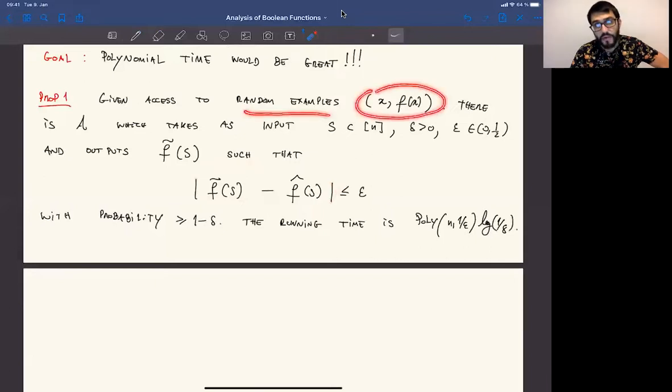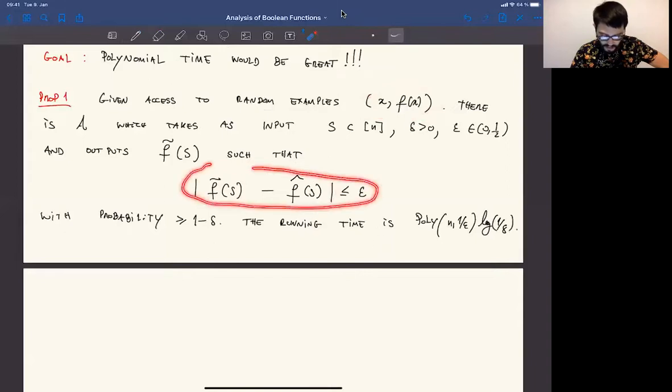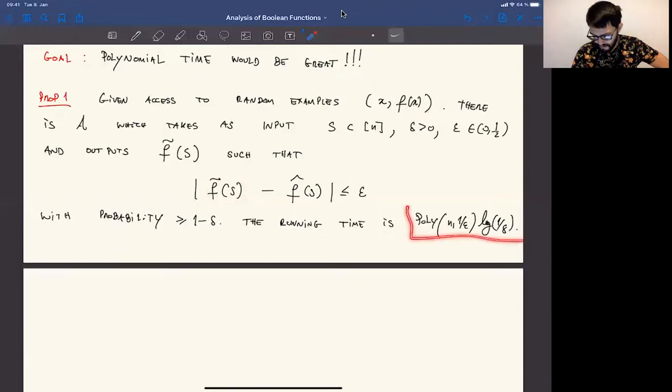I just know a bunch of these samples, and I can come up with a good approximation that works, say, 90% of the time, or 99% of the time. And how long the algorithm will take to produce that approximation, well, it would take this amount of time. If you want it to work 99.99% of the time, then you have a big number here, so it would take longer.